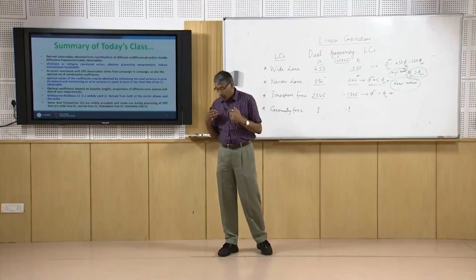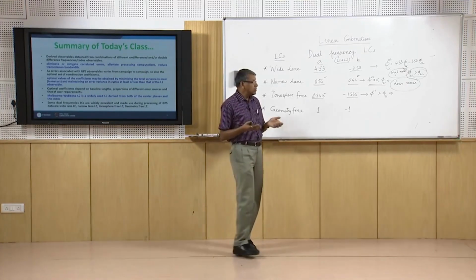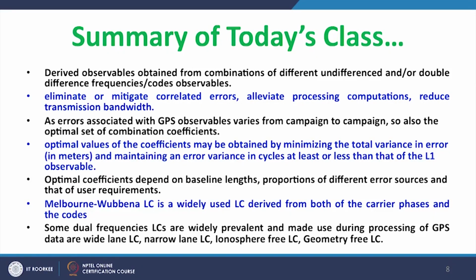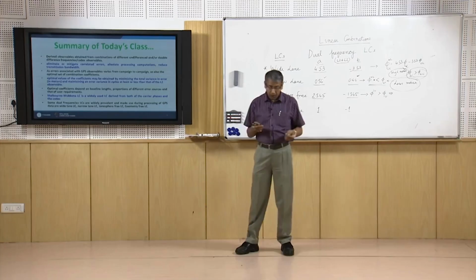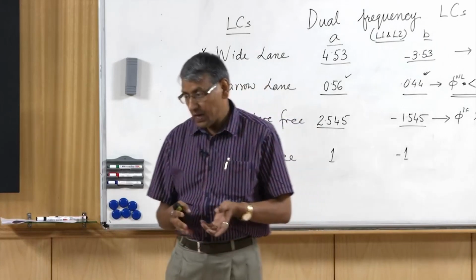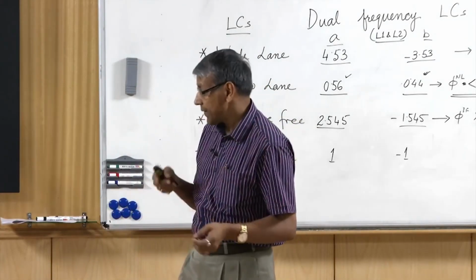In our combined signal, one of the most widely used linear combinations is the Melbourne-Wubbena, which is very good in removing or minimizing the ionospheric error, tropospheric error and other geometric errors.